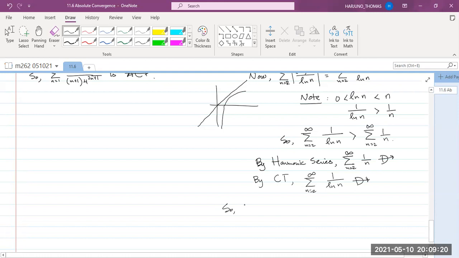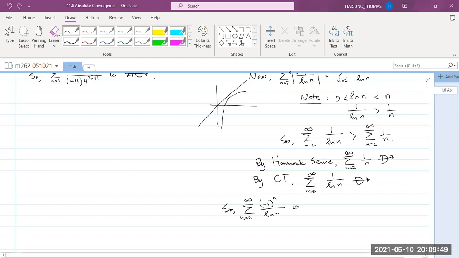So, going back to the original one, -1 to the n over ln n is convergent or divergent? Wouldn't it be divergent? No, this series is convergent. Oh, I'm sorry, I got kind of confused. The alternating one is convergent. The absolute is divergent.